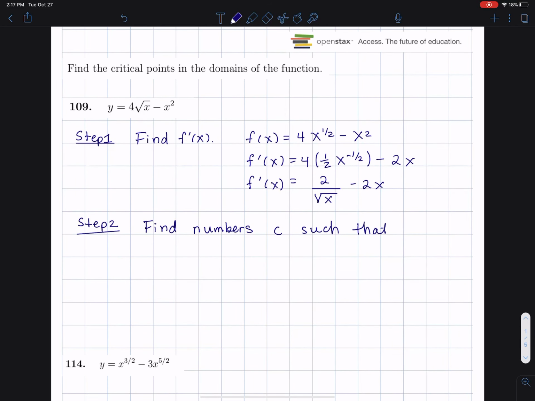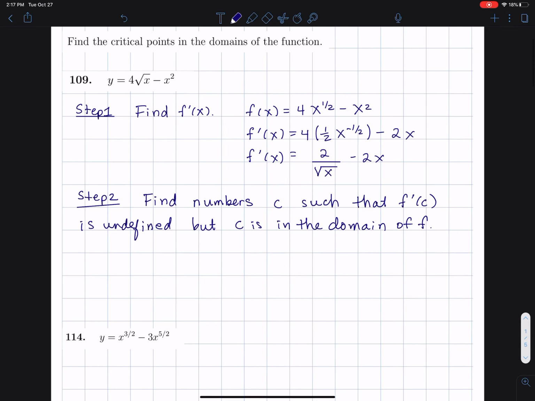In other words, c is not in the domain of f prime, but c is in the domain of f.